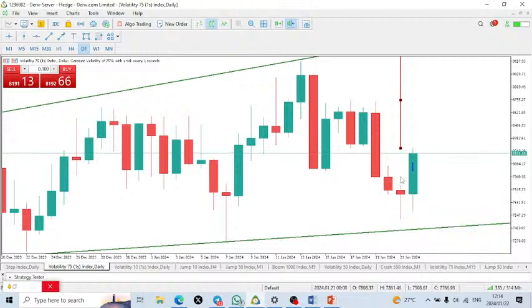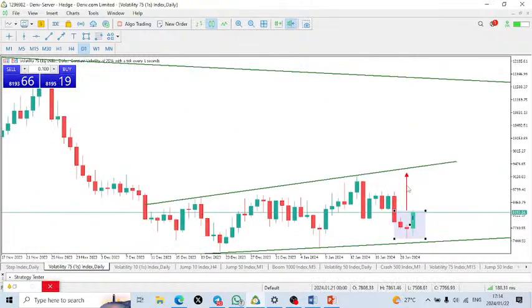We have three candles. If price closes above this level, we would have a morning star, which signifies that price is likely going to move and reach this particular level. So it's a waiting game. We have to wait for this daily candle to close.